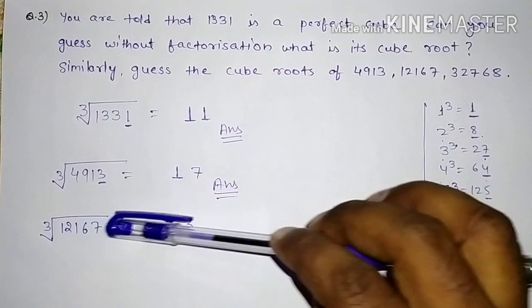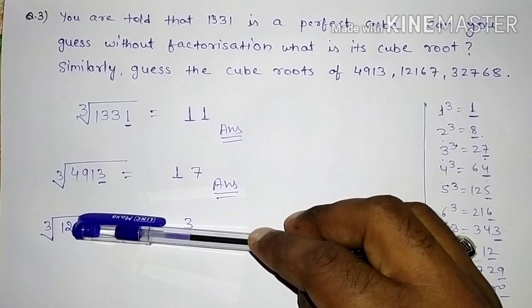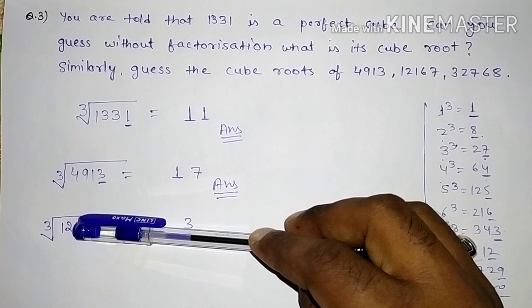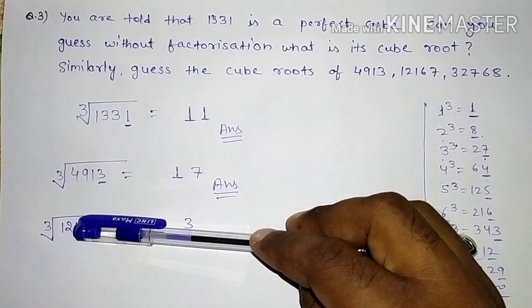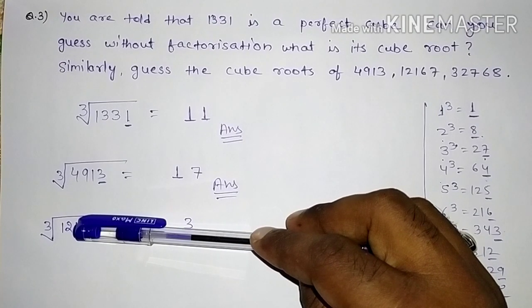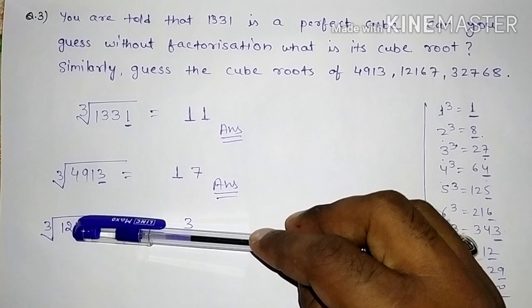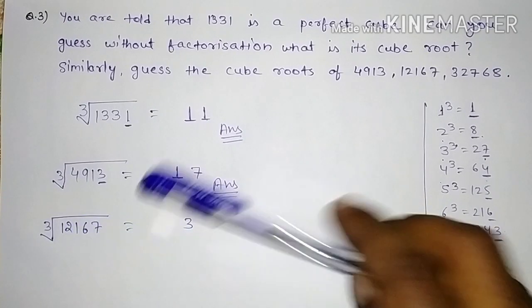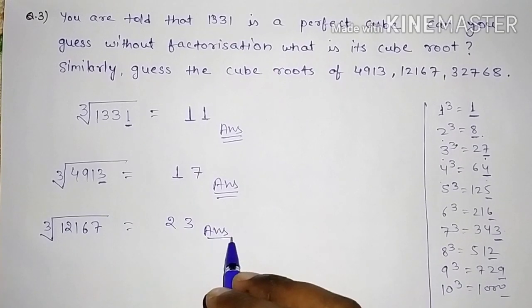So 167 we can cover. What is left here? 12. Again, we have to find the number whose cube is nearer to 12. The cube of 1 is 1, the cube of 2 is 8, the cube of 3 is 27. So 27 is greater than 12, and the cube of 2, that is 8, is less than 12. So here we can take 2. 23 is the answer. It's very simple.